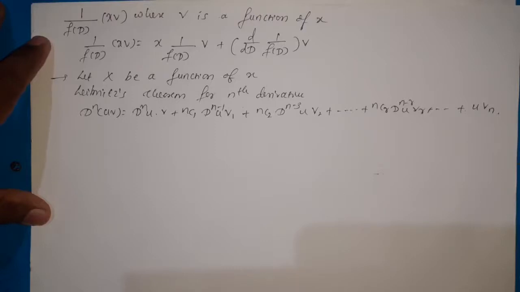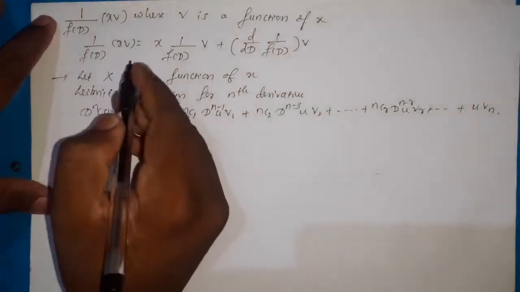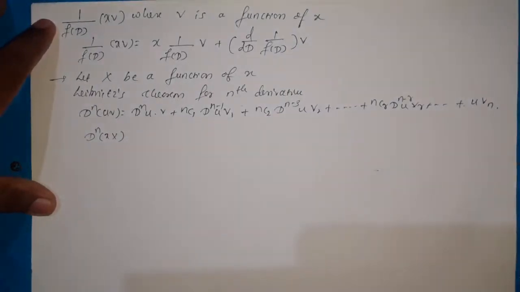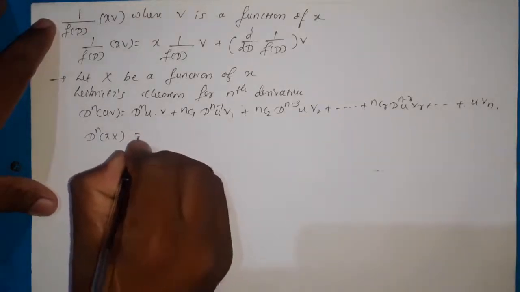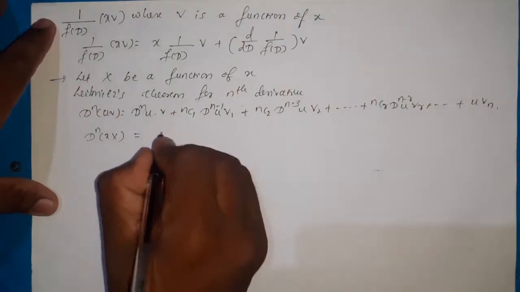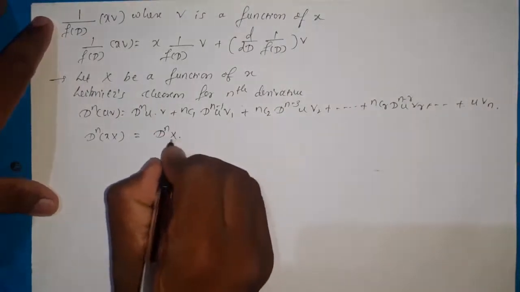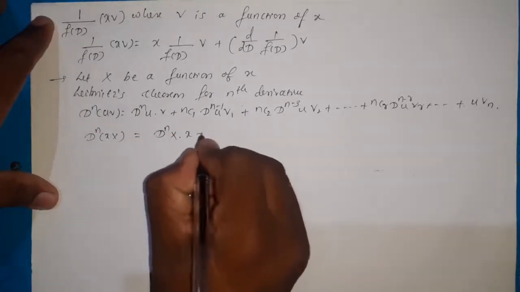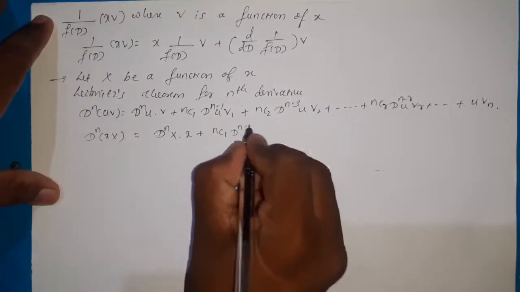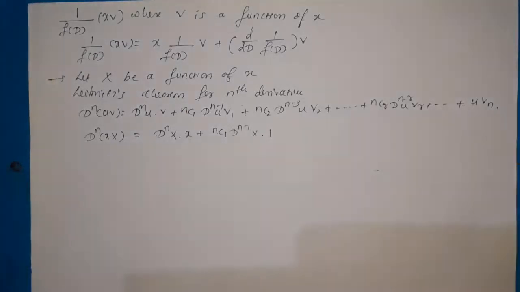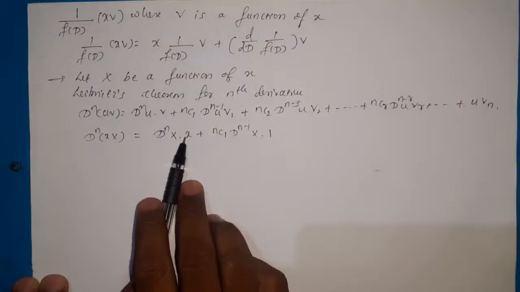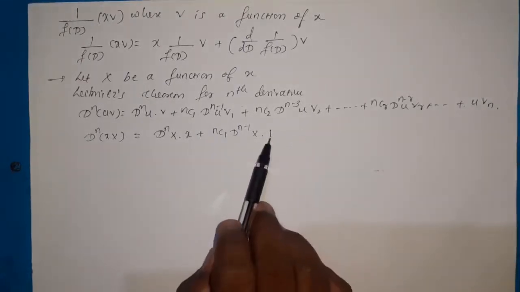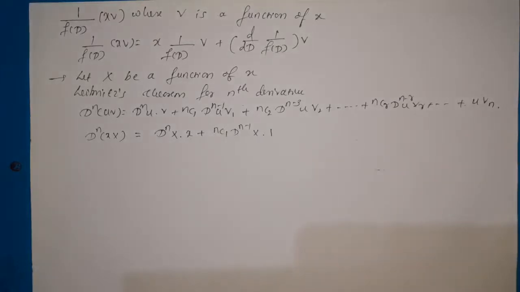By using this we will find the following function, that is x into V. So D power n into x into capital X, where capital X is also a function of x, is equal, by using this formula, to D power n of X, the second function, into small x as it is, plus nC1 into D power n minus 1 of X into the derivative of x, which is 1, plus nC2 D power n minus 2 into capital X, and what is the derivative of 1? 0. So here we get only two terms.